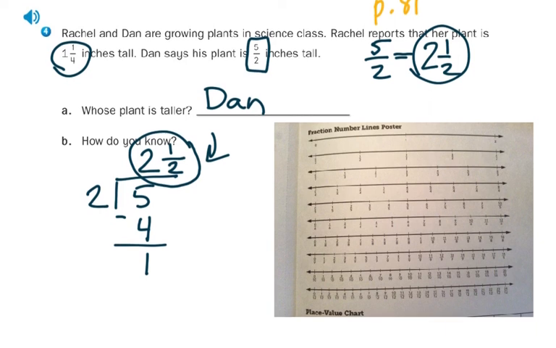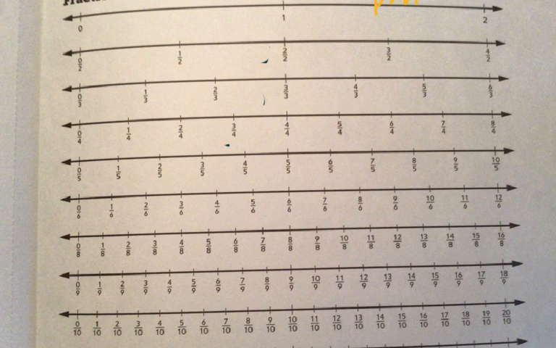If I were to show that on my number line, Dan's was 5/2, which would be even further on that number line. There's 4/2, 5/2. That would be Dan's, and Rachel's is 1 1/4. So here's 1. Here would be 1 1/4. So that's where they would be on the number line.